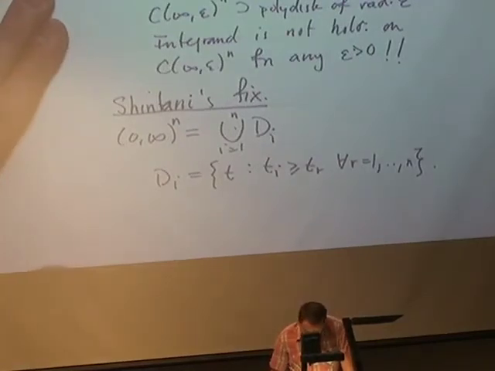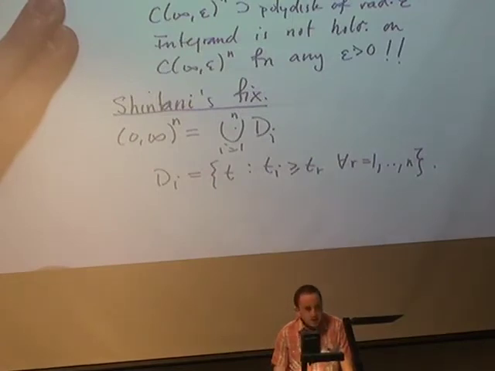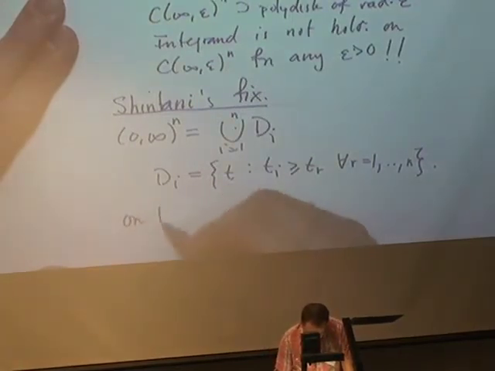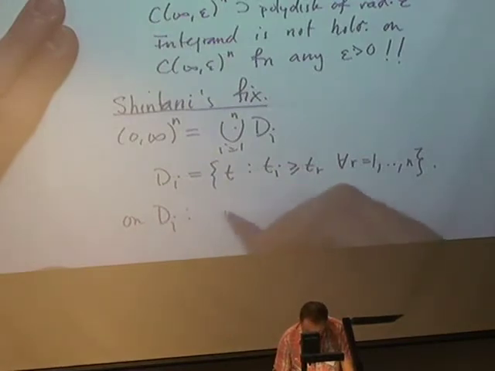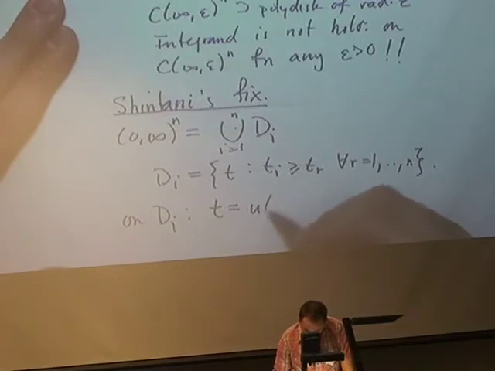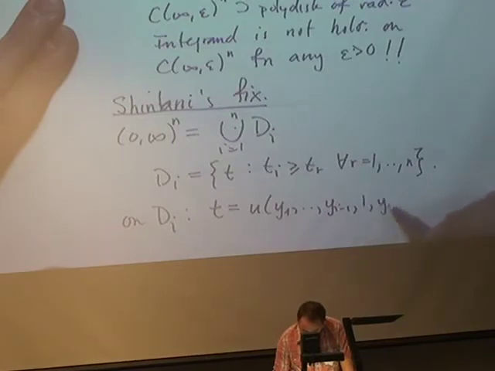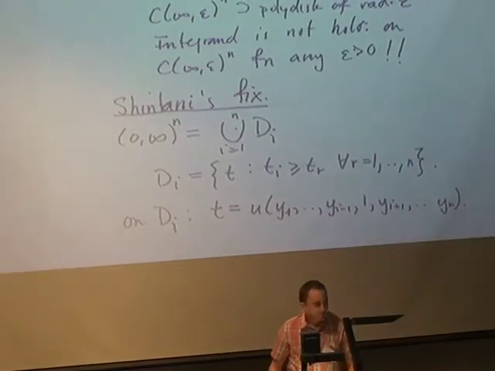And on each D_i, we'll do a different change of variable. On D_i, I'll change t to u times (y_1, ..., y_{i-1}, 1, y_{i+1}, ..., y_n).